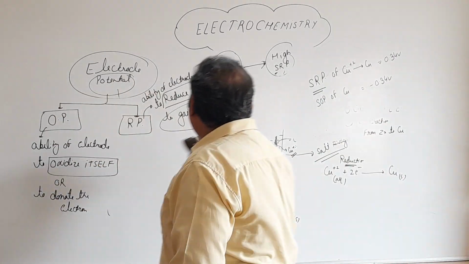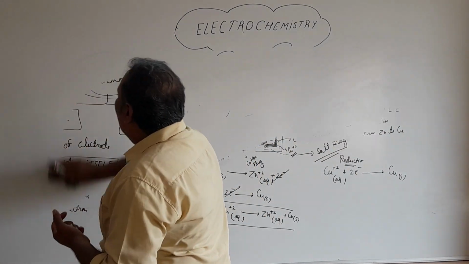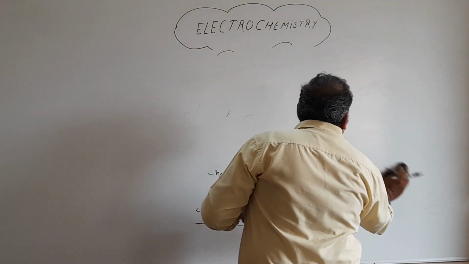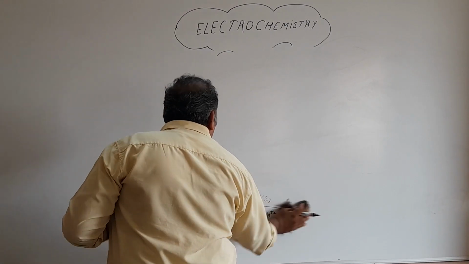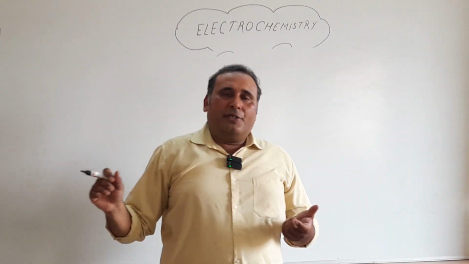So what we get from this whole discussion is why some metals donate electron easily, because it depends upon their electrode potential.